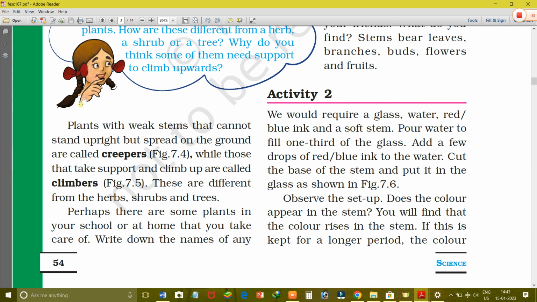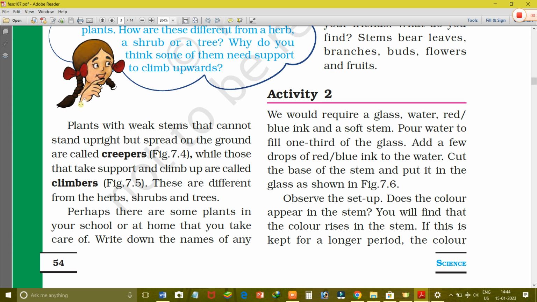Activity 2. We would require a glass of water, red or blue ink, and a soft stem. Pour water to fill 1/3 of the glass. Add a few drops of red or blue ink to the water.